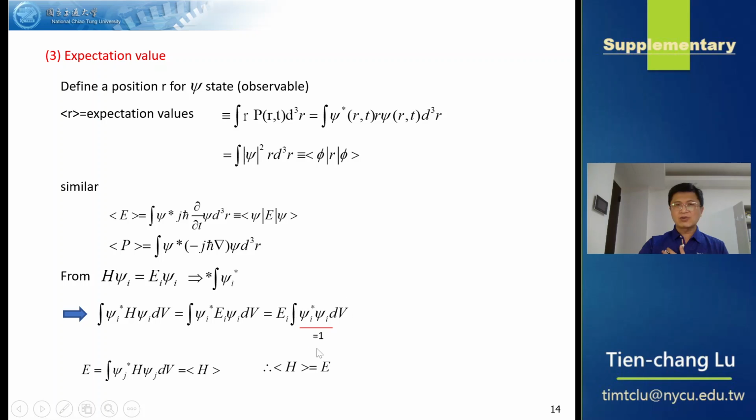So this integral equals 1. This one actually is the expectation value of the Hamiltonian. Therefore, the expectation value of the Hamiltonian is the energy itself. So it returns to classical physics now.